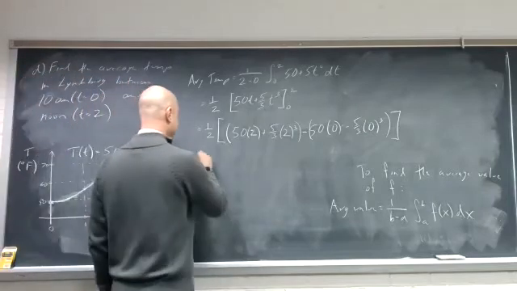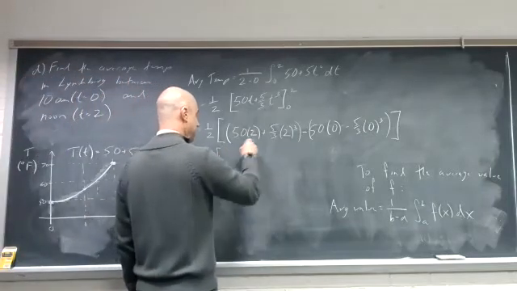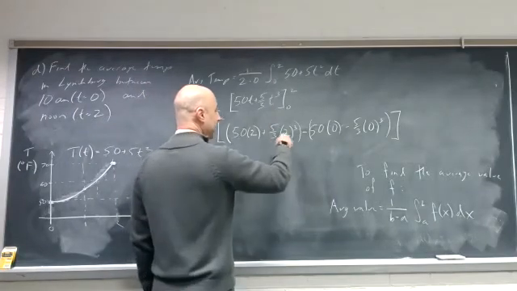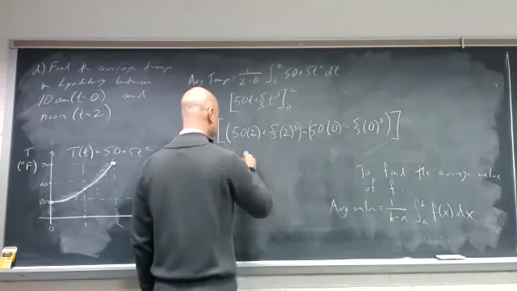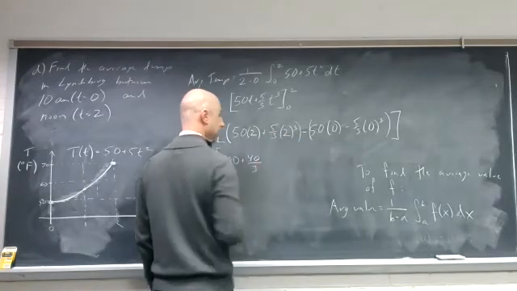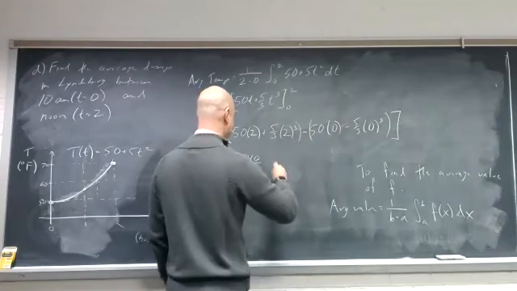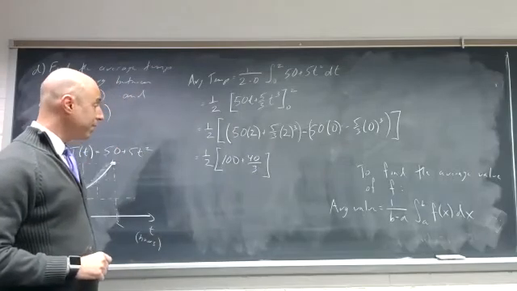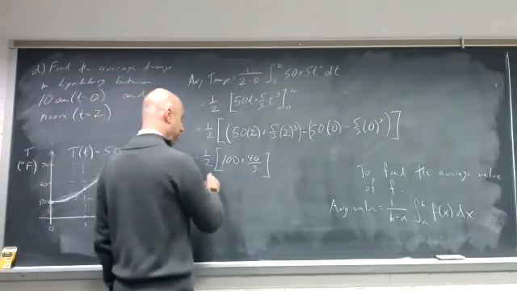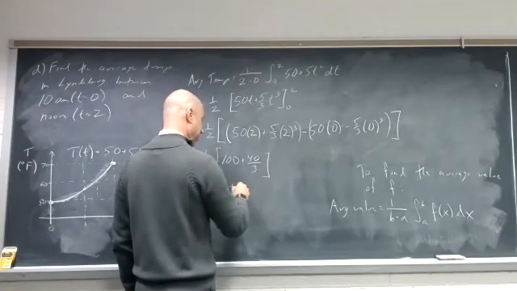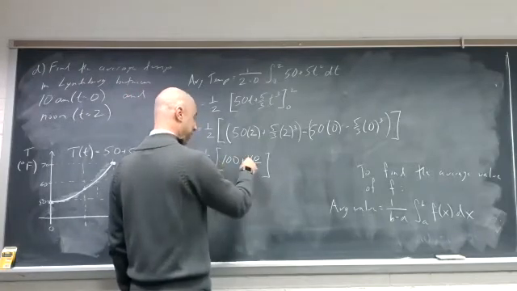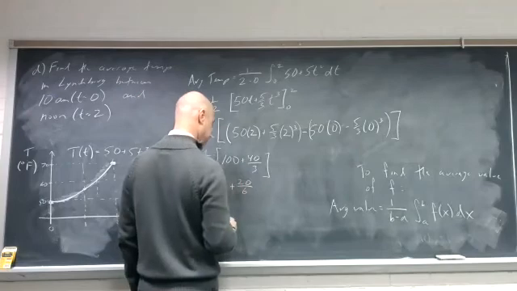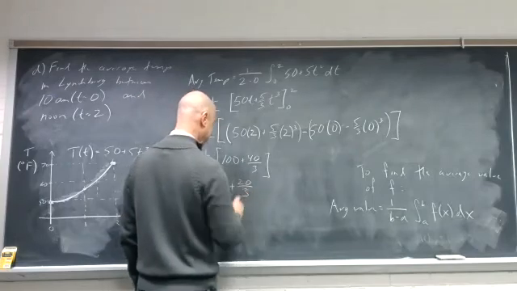So 1/2. 50 times 2 is 100. If you don't want to do all this arithmetic yourself, feel free to pull out your calculator. 2 cubed is 8 times 5 is 40. Minus 0. So that's equal to 50 plus 40 over 6, which is the same as 50 plus 20 over 3, I should say.